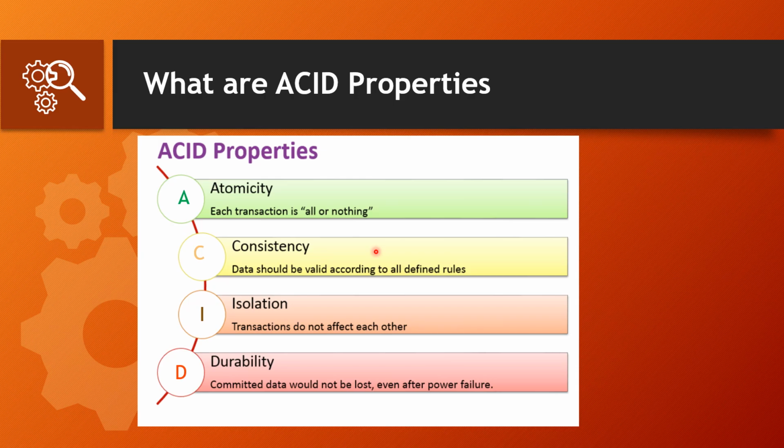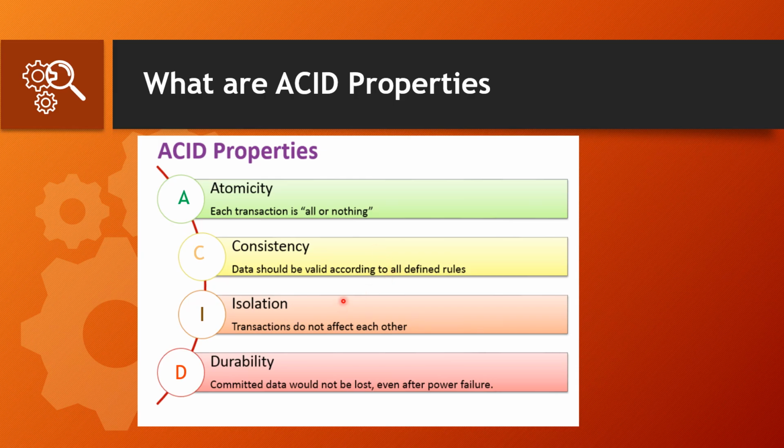And if you want to learn about it, please go to our last video where you will get clear knowledge of all these terms. These are the rules which we define while creating a table. So consistency means data will be there in the table following all the rules. We'll go into detail in our next session.